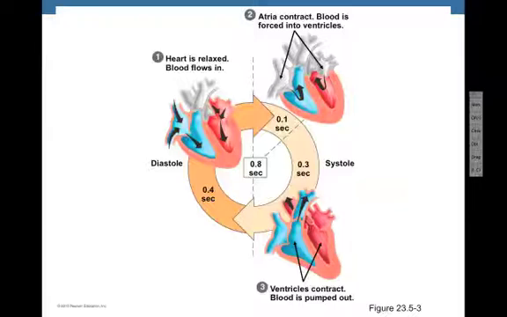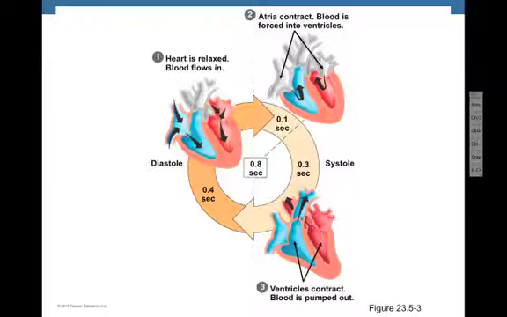It's a smooth process that starts at the top and works its way to the bottom of the heart to push it out. So you can see the atria contract is only 0.1 second. It's a very short time. And then systole follows quite rapidly after, when the ventricles contract. And that is when the blood is pumped out to the body.